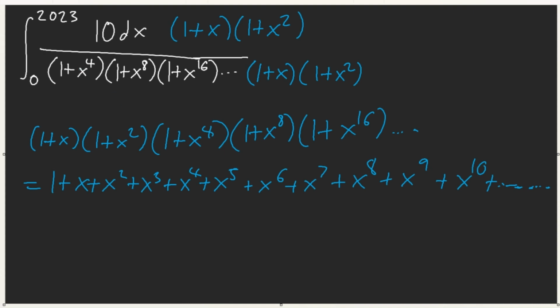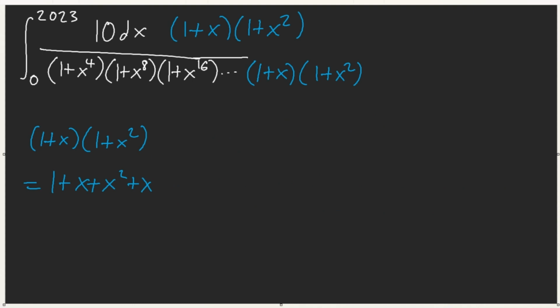In other words, when we multiply top and bottom by 1 plus x and 1 plus x squared, you just created a geometric series in the denominator. I know it's a little hard to see, but that's literally what we're doing.